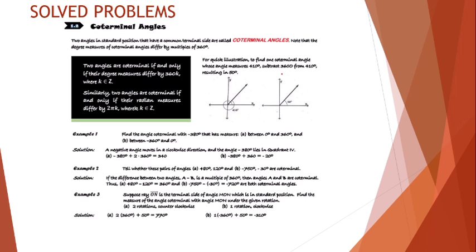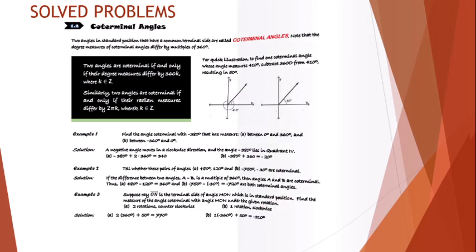Let's say this is MON. We have two rotations, so dalawang beses siya ng 360, plus 50 is equal to 770 degrees. And for B, isang clockwise, so negative 360 plus 50 is negative 310 degrees.